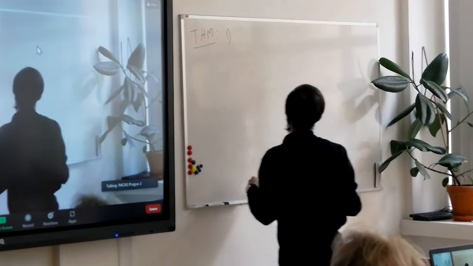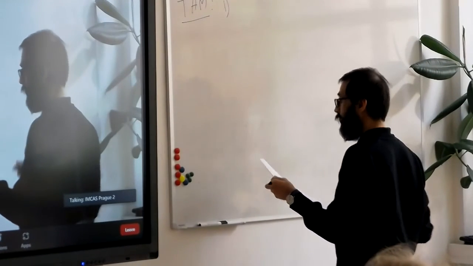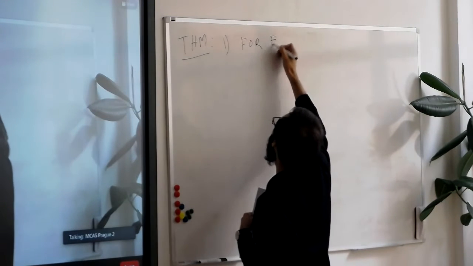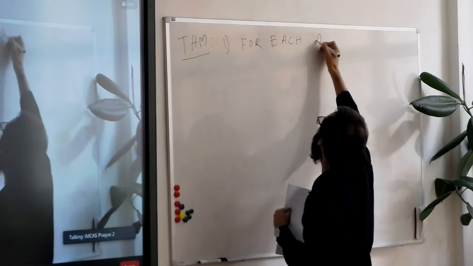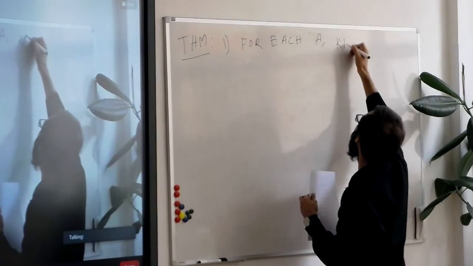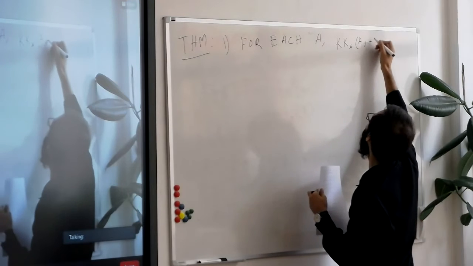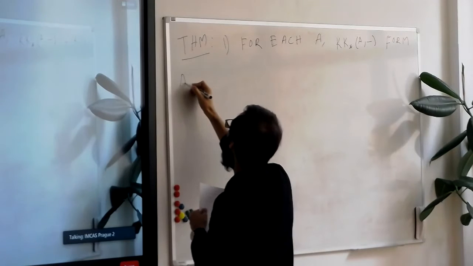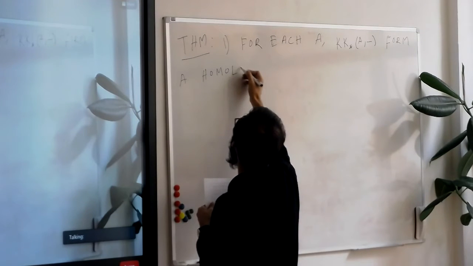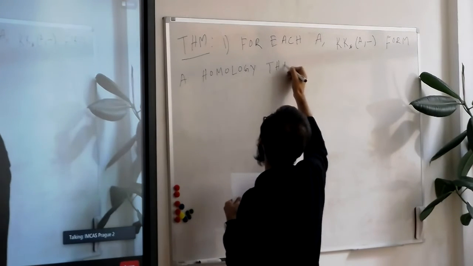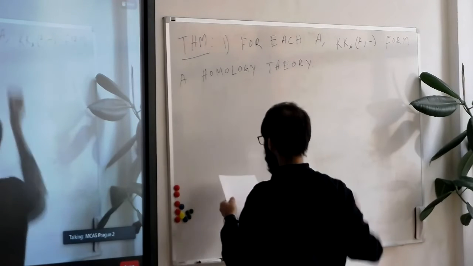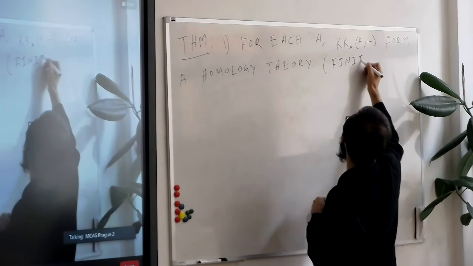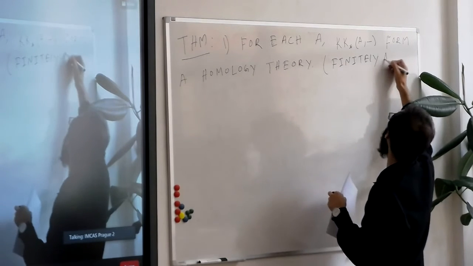So this is the main theorem that summarizes all the properties that they have. For each A, and it is finitely additive.